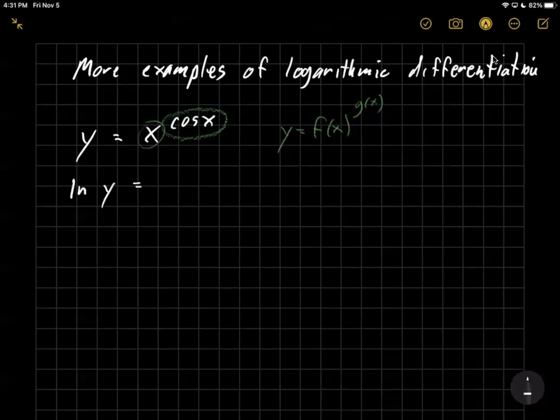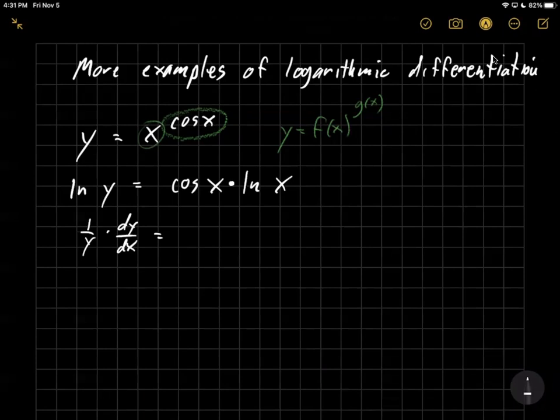The log of y should equal cosine of x times the log of x using the power rule. Cosine of x was the exponent, so we can write it as a product. And now this becomes a fairly simple implicit differentiation with a product rule. This is a multiplication sign, okay, not a minus sign.